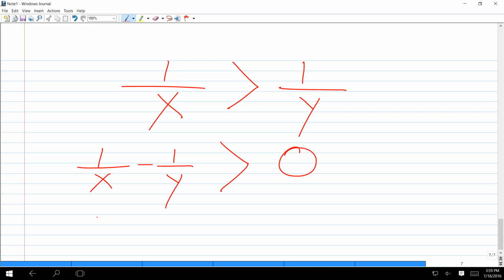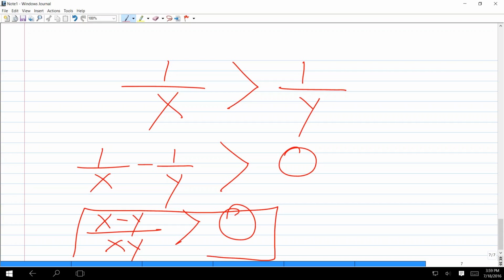And now I would need to make it into a rational quotient, much like the other problem, and go from there. How you go from there is a whole other story, but my point of this problem was you cannot multiply both sides by variables when you have inequalities, if you do not know if the variable is positive or negative.